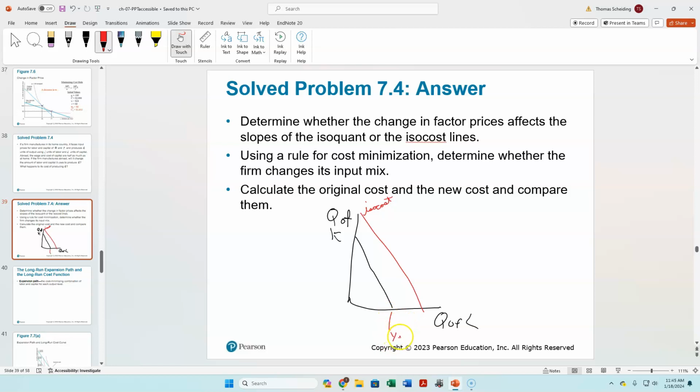Whereas let's say the budget here was $1,000. Now the budget at $1,000 is going to be way out here.